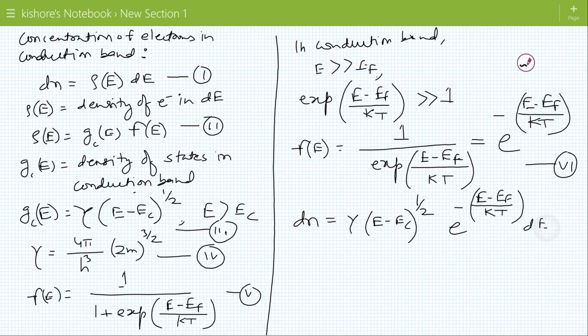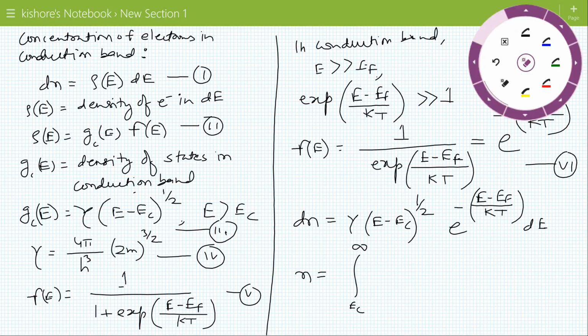Del E is also there. So now the concentration of electrons in conduction band can be obtained by integrating the above expression from EC to infinite, because EC is the lowest energy of conduction band. This is del N.